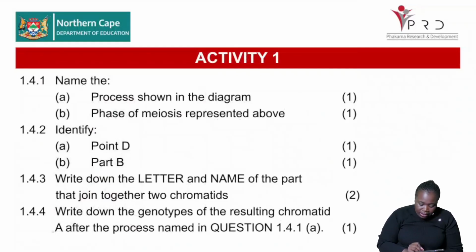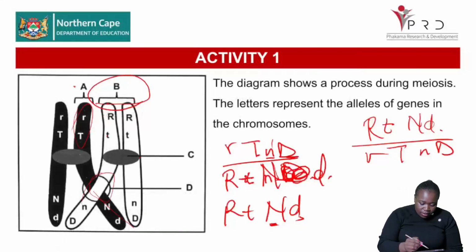whereby we are looking at chromatid A. So let's have a look at chromatid A specifically. This is chromatid A, which is the black one. Therefore, it's small letter R, capital T, right? Small letter N, capital D, because it's taking this part of the white chromosome.